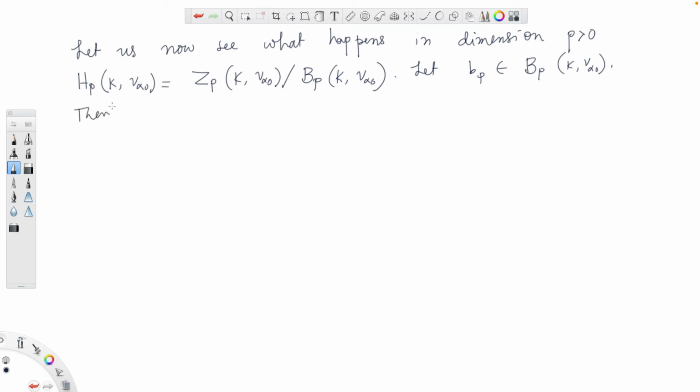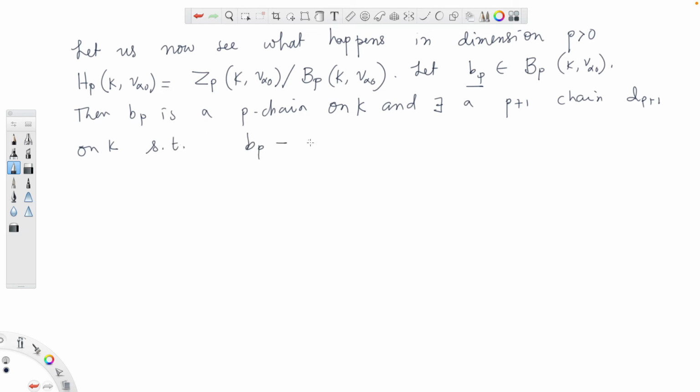Then bp is a p chain on K and there exists a p plus 1 chain dp plus 1 on the same complex K, such that the difference bp minus del p plus 1 dp plus 1, this p chain, is carried by the vertex V alpha 0.